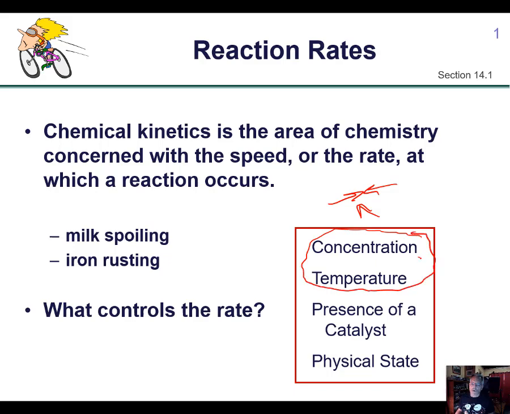Our initial foray is going to focus only on concentration, and so you'll hear me refer to reactions taking place at a particular temperature. That'll just be a constant for the reaction, and then we will start changing the temperature to examine the effect of the change in temperature on the reaction.